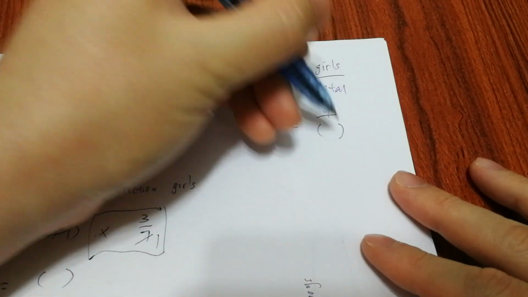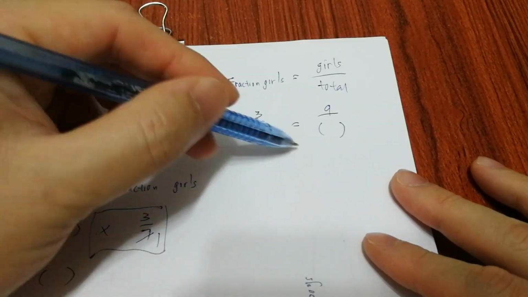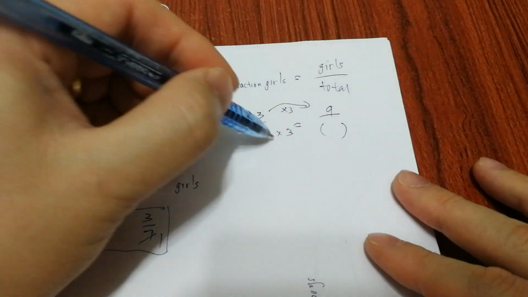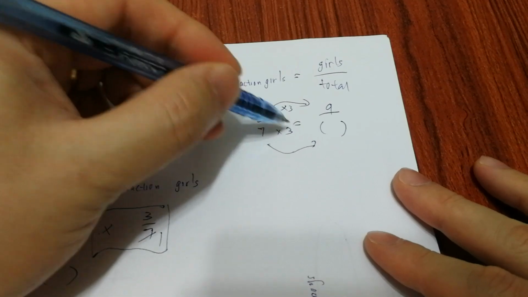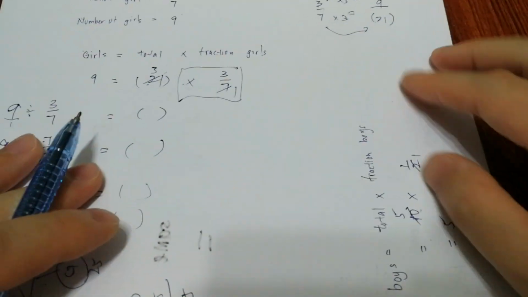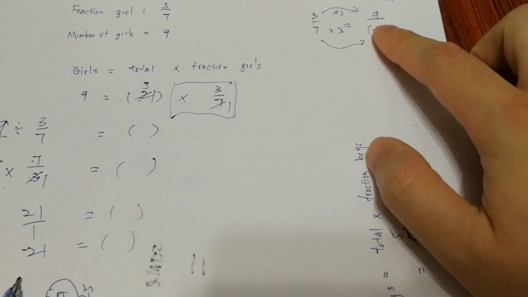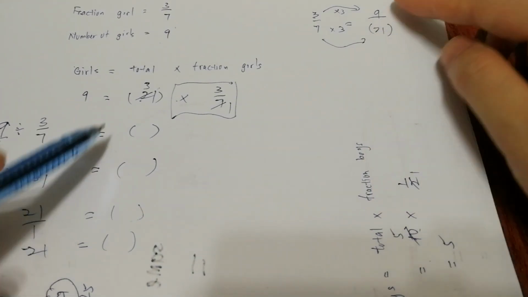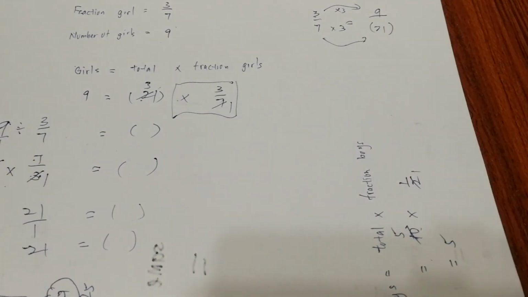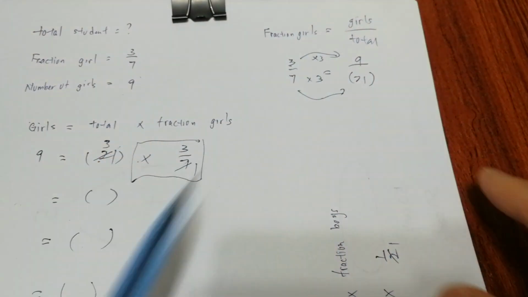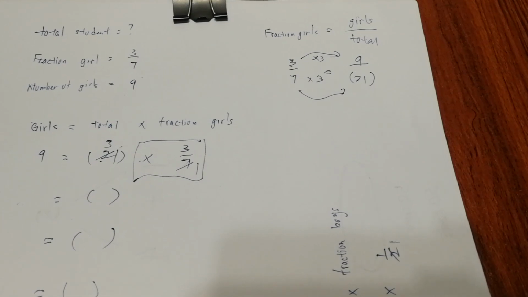This one you don't know. So how do you get this number? Times 3, times 3. So 7 times 3 you get 21. So isn't it the same answer as this one and this one? Do you understand or not? So these two methods, it is important. You need to know this method. You also need to know this method. I hope you understand, okay? Thank you.